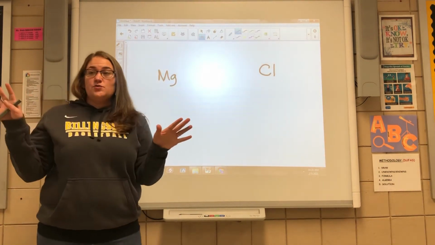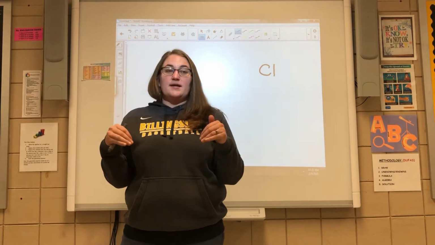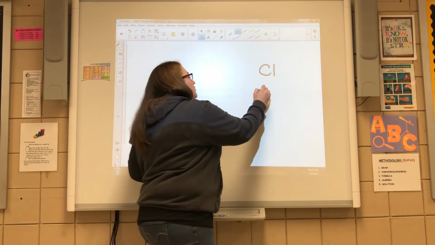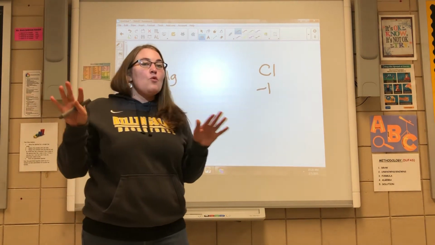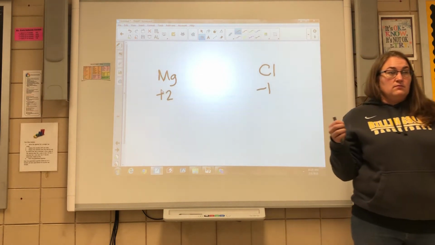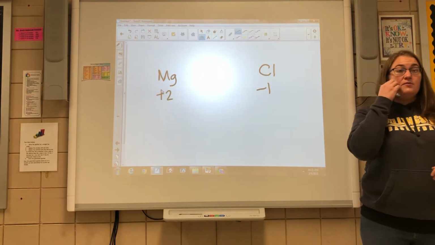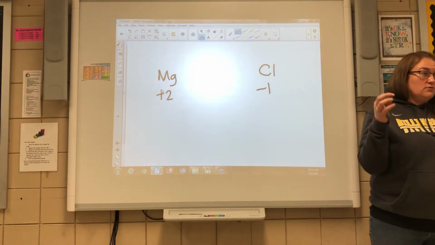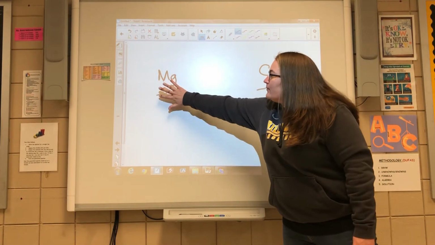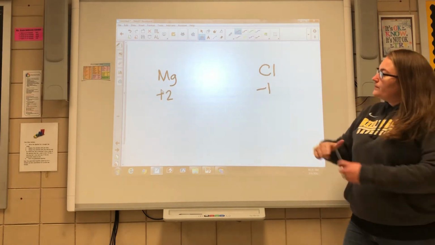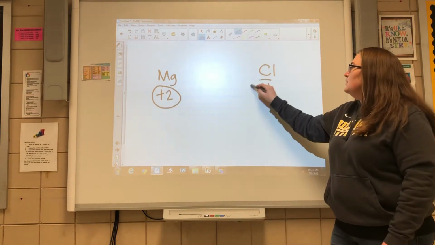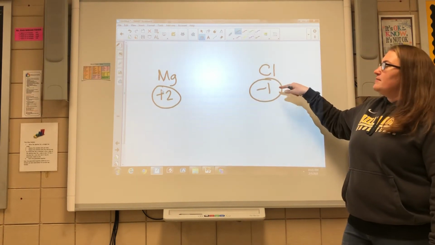Now Ms. Brock's a visual learner, so I like to write things out where I can see. So if magnesium is +2, chlorine is -1, what do I want the charges to equal once I get done bonding? 0. Okay, I want it to be neutral. I don't want any charge. I want it to equal 0. If I put this magnesium atom together with a chlorine atom, let's just pretend these are separate atoms. I have one magnesium atom with a +2. I have a chlorine atom with a -1.